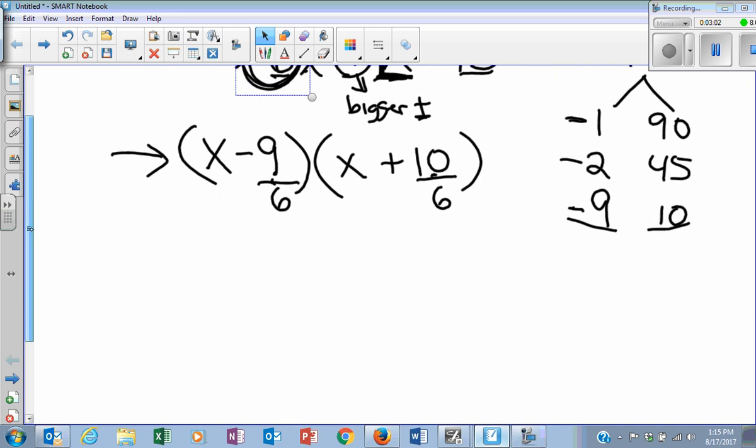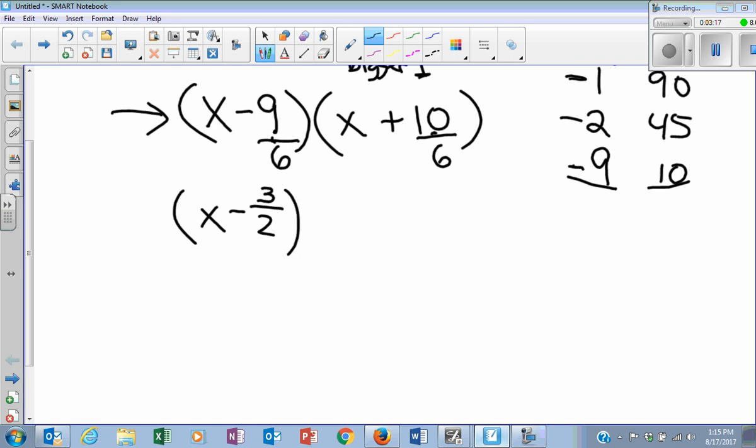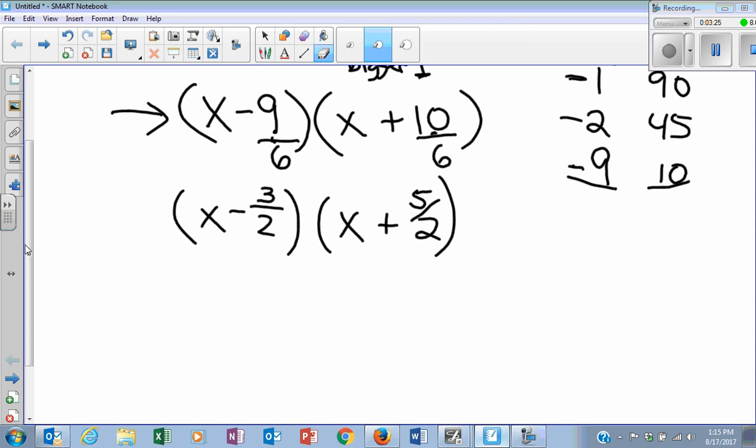Okay? Now, I simplify. This becomes x minus 3/2. I just divided both of these by 3. Is everybody okay with that? And this back here becomes x plus 5/3. I divided by 5. Are you guys with me?